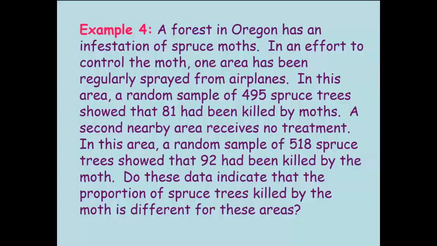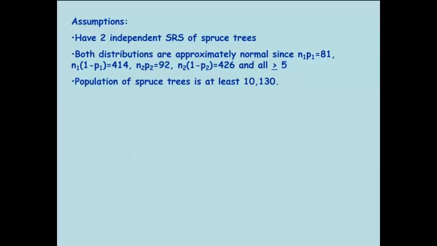Can we assume normality? We've got 81 out of the 495 and 92 out of the 518. When I do np and n times 1 minus p, I definitely get numbers that are bigger than 5. So as far as that's concerned, we're good for normality.